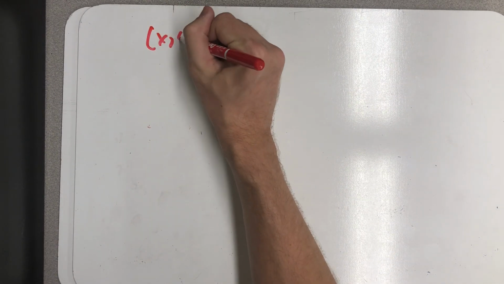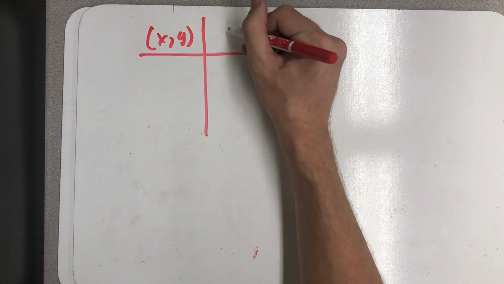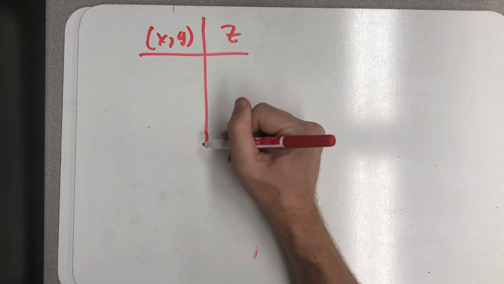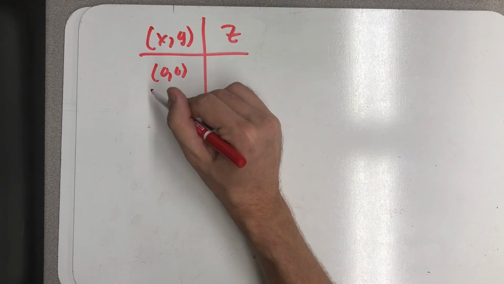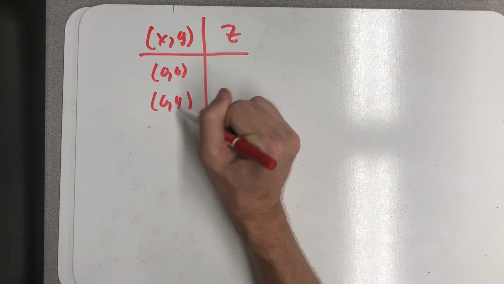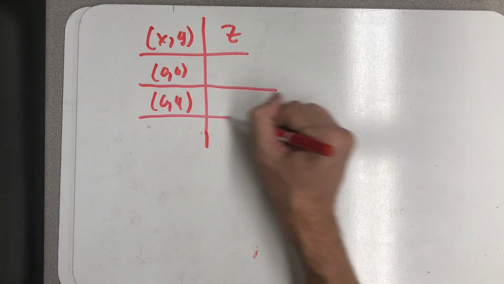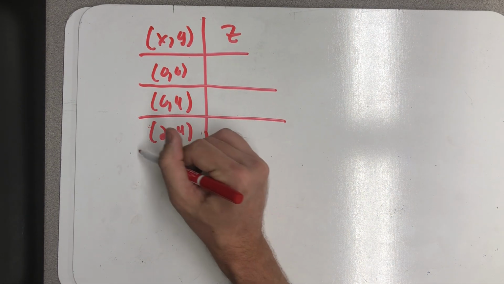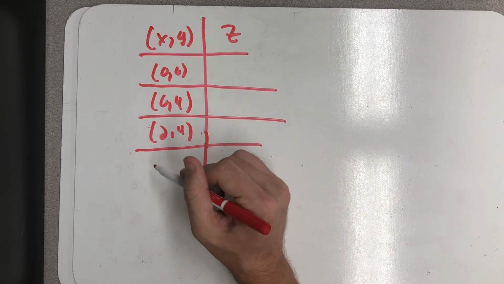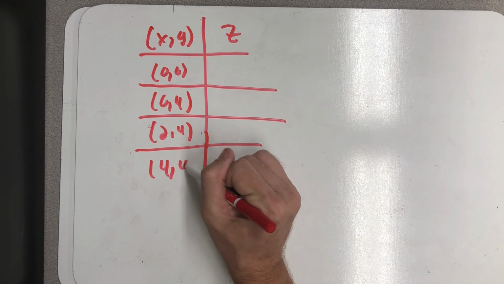So I'm going to write down some x comma y's, and I'm going to find the corresponding z's. So I'm just going to go around. I have the origin, 0, 4, 2, 4, and 4, 4.